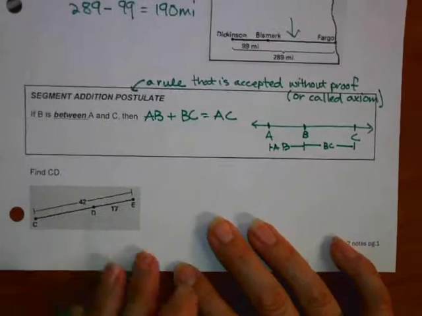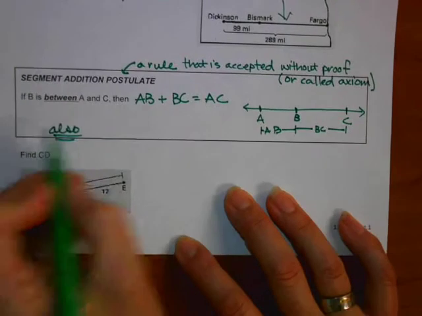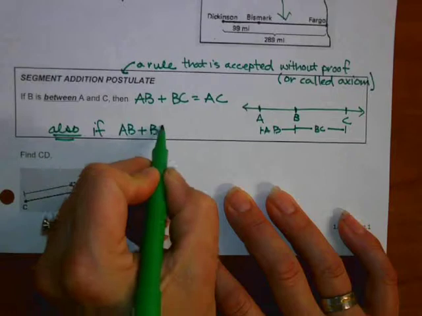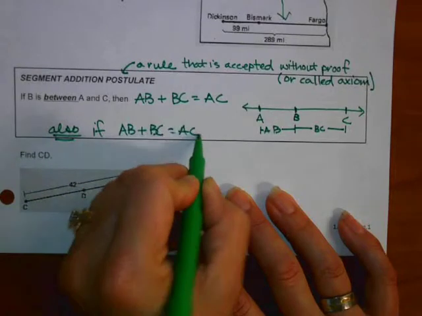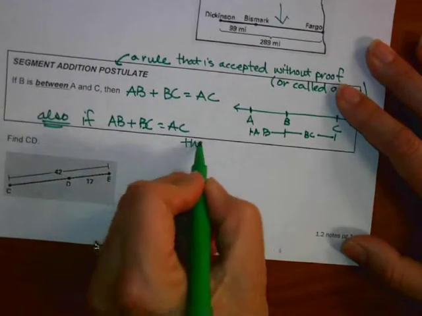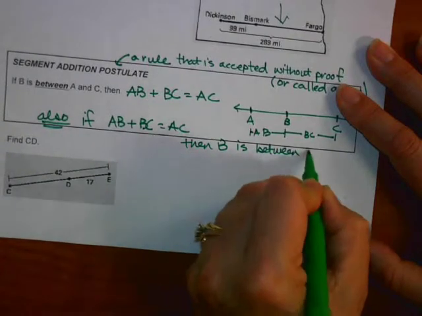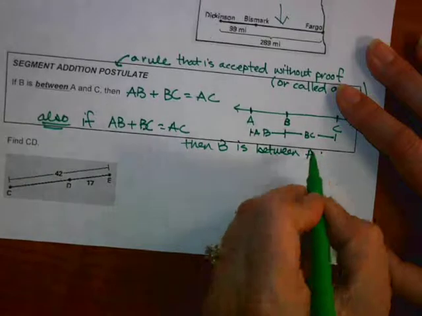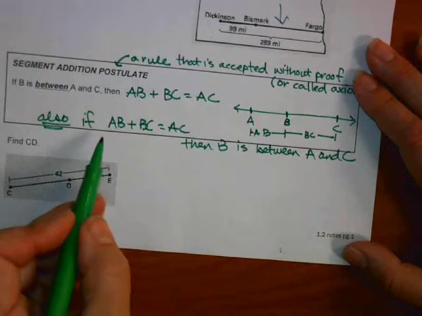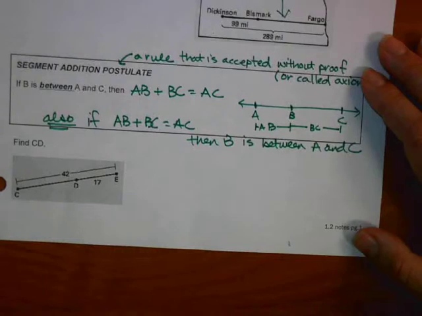So you might see it this way also. So also, if AB plus BC equals AC, so you might be given this, and then from that you have to say, then B is between A and C. So sometimes you'll just be given this, and then from that you have to understand that means that B is between A and C. And there's a lot of that kind of weird flip-flopping stuff in geometry.